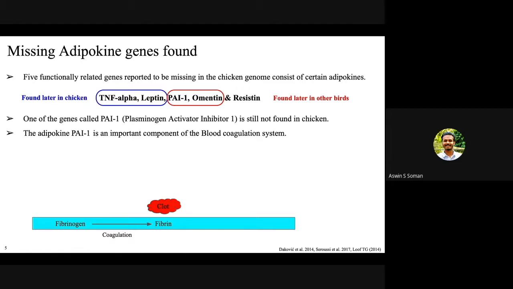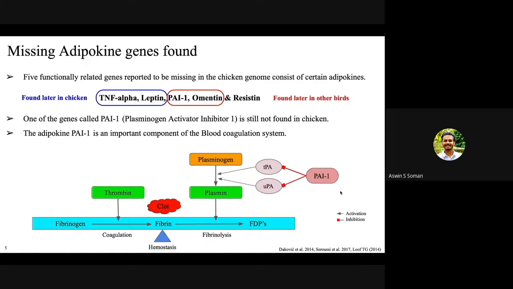This fibrin is activated by a protease called thrombin. So the balance between both coagulation, forming clots, and fibrinolysis is required for proper homeostasis.